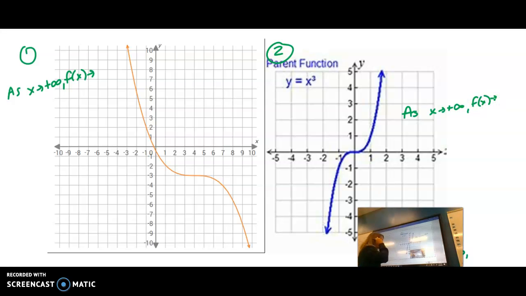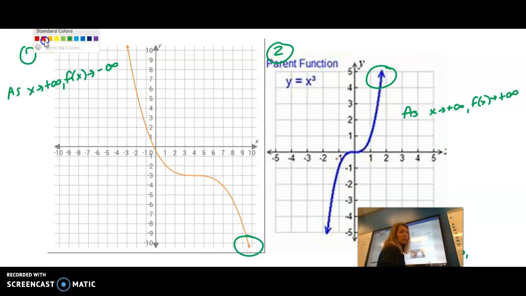Okay, so let's start by describing our right arrow. As x goes to positive infinity, the right arrow on this graph is going down. Now let's go over to this one. As x goes to positive infinity, that means this right arrow is going up. Okay, so that's the first half. Now let's describe the second half.